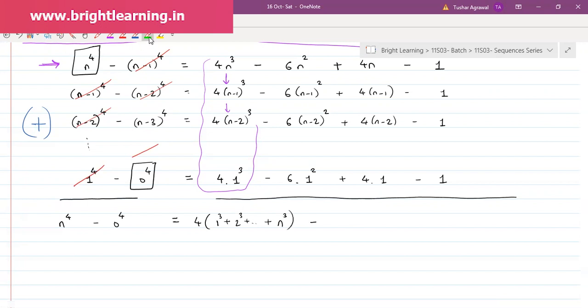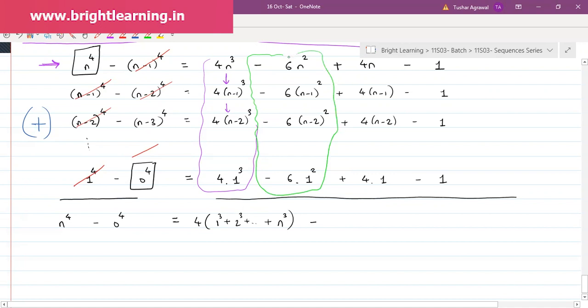Subtraction, the green group: 6 is common, and what remains is 1 square plus 2 square and so on up to n square. This formula we already have, just above previously derived, summation of squares.